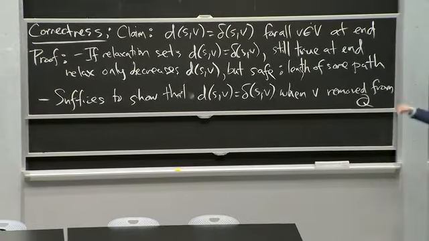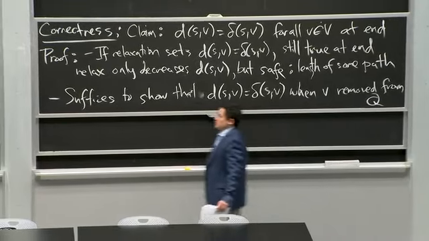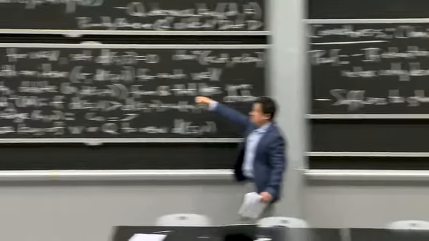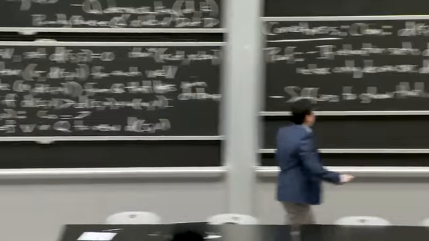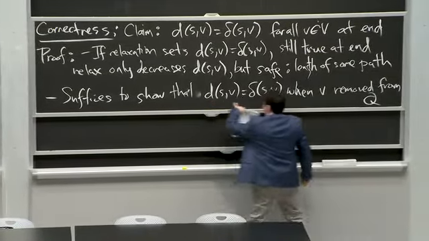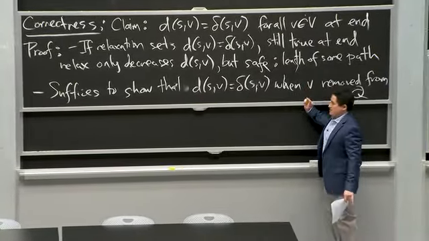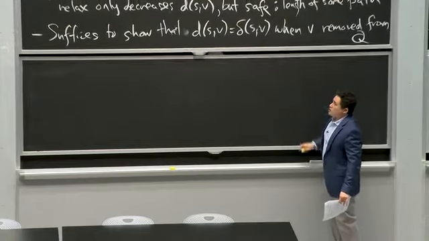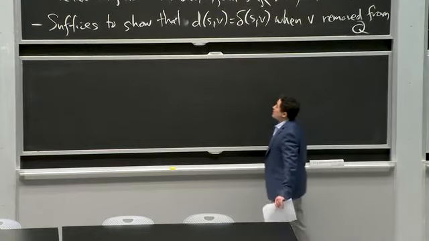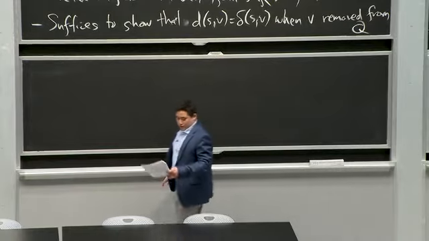And since I remove every vertex from the Q in this while loop, I will have eventually set all of the distance estimates to the real distance, and we'll be golden. Happy days. All right, so we'll be done if we can prove that statement.